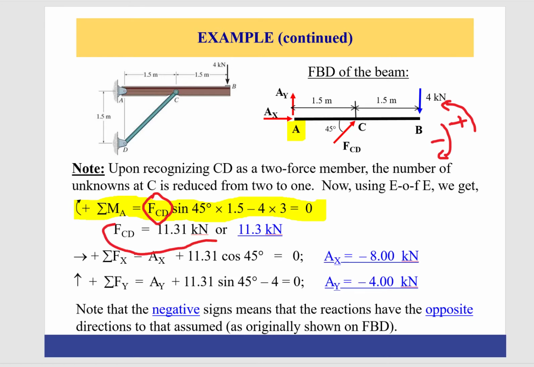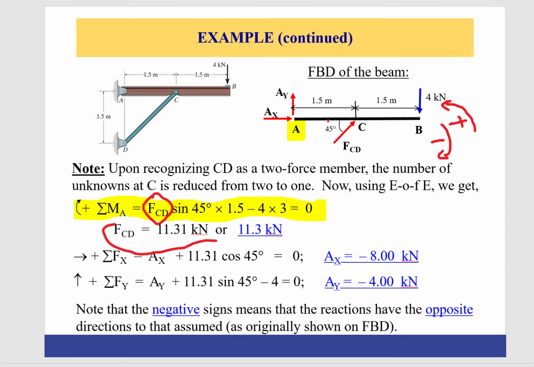We're going to get that force. Next is to apply the forces in x and forces in y, where the summation again is equal to 0. Start with the summation of forces in x equal to 0. This simply boils down to, I'm sorry, AX plus FCD cosine 45.